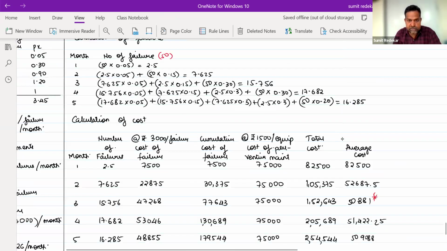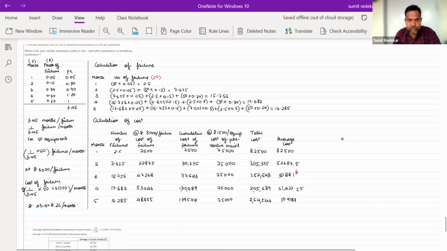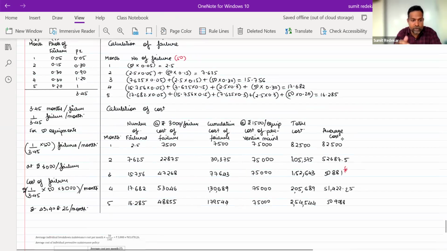I'll tell you, the question is actually intelligent and stupid. Why? Do you see the cost of only breakdown maintenance on an average? 43,447. Isn't that right? And if I do preventive maintenance every 3 months, what is the cost? 58,881. So tell me, what will you do? Breakdown maintenance A or preventive maintenance B? Will you get servicing done every 3 months or not? Think about it.